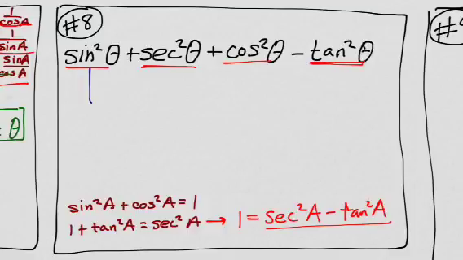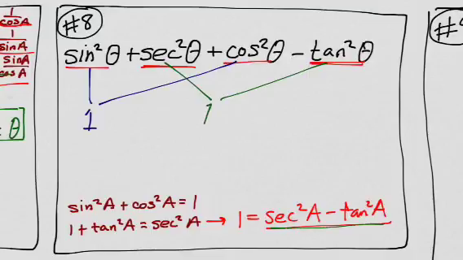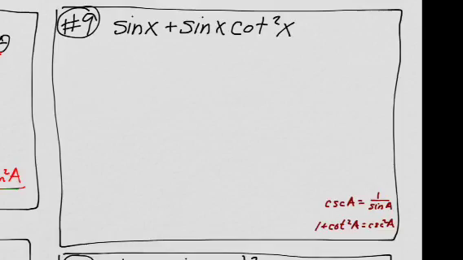I'm just going to say, okay, let's move the sine squared plus the cosine squared next to each other, and that will be equal to 1. And then we'll rewrite the secant squared minus the tangent squared next to each other, and that, according to this sentence down here, is equal to 1 also. So we have 1 plus 1, which is 2, and there we go.